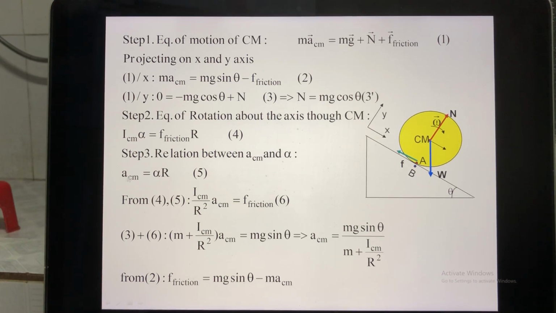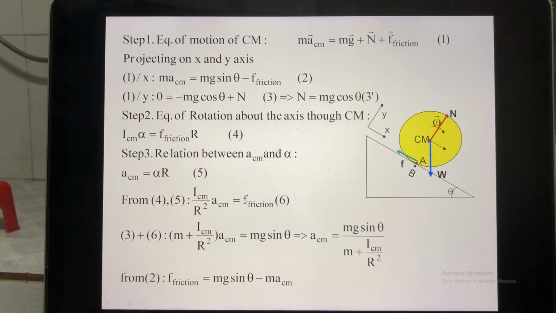And then from here you get alpha, and a relation between alpha and a over R. So you put it here, and you have this equation. And then you combine this equation with equation 3 here, because the friction equals the normal force times the coefficient, and the normal force you define from here.